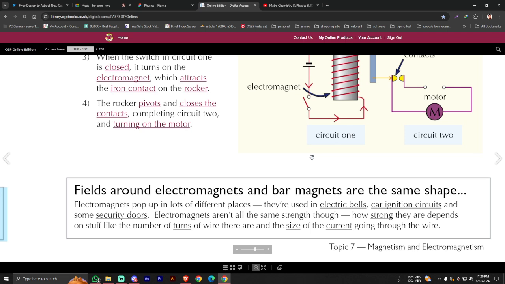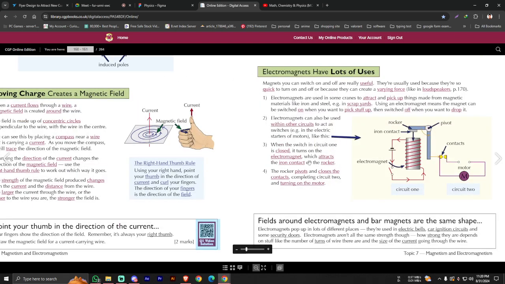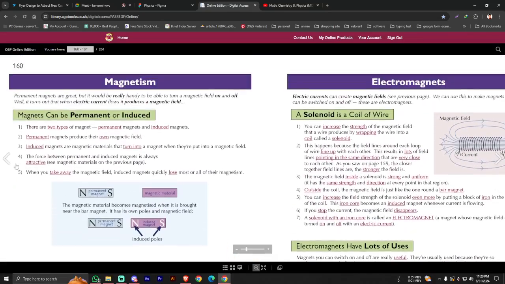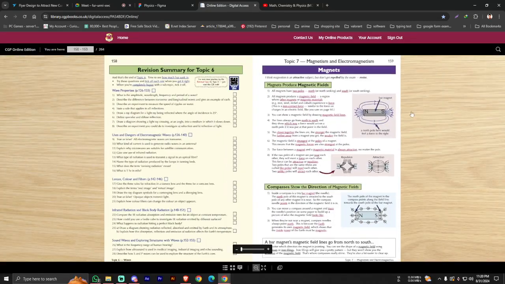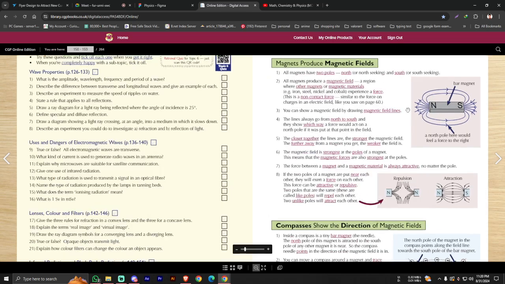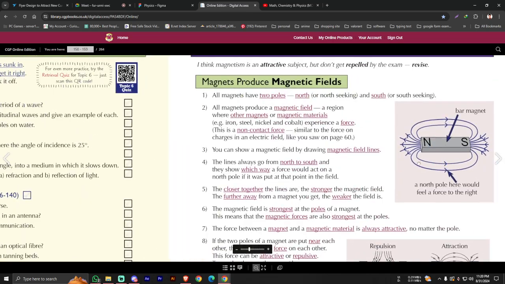What is the figure for the bar magnet's field? Is this figure right here? This is the figure, right? This figure right here on the right side. Oh yeah, yes, this one.